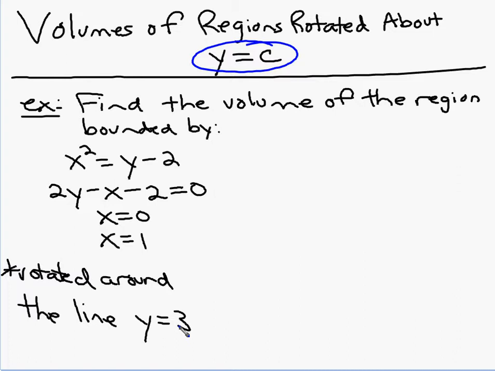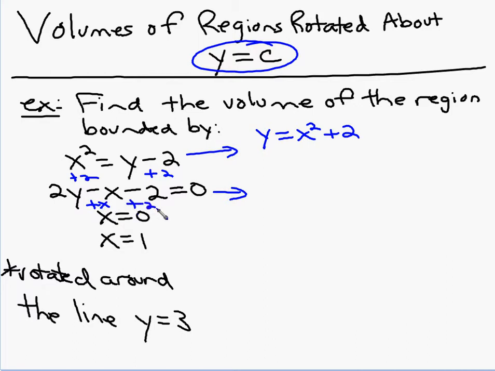So first things first, these equations up here, let's go ahead and solve them for y. I would add 2 to both sides here. So y equals x squared plus 2. Simple parabola, moved up 2 units. On this one, I think I can do this all in one step.